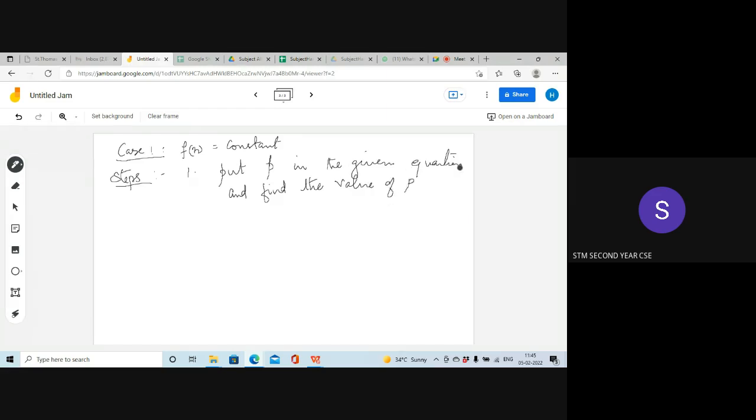The given equation means you will be given a non-homogeneous recurrence relation in the question. In that equation, we have to put p and find the value of p.